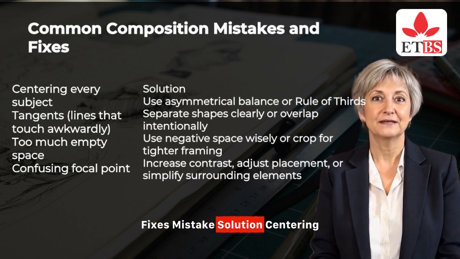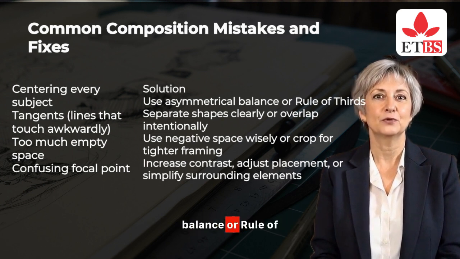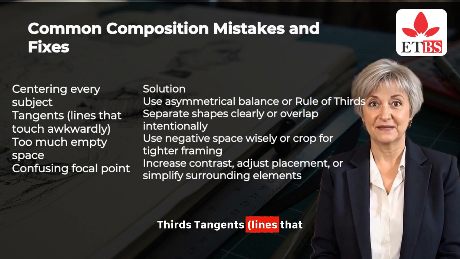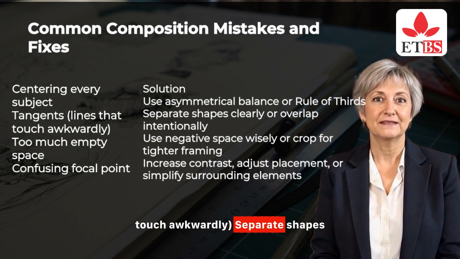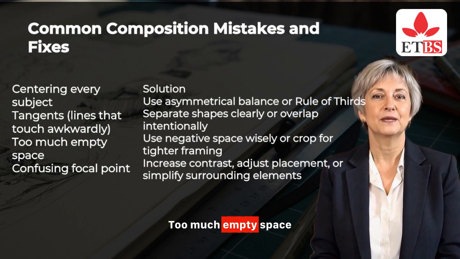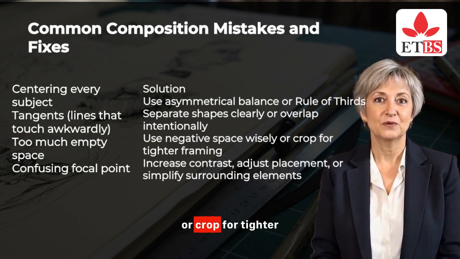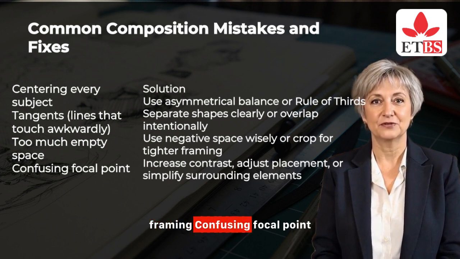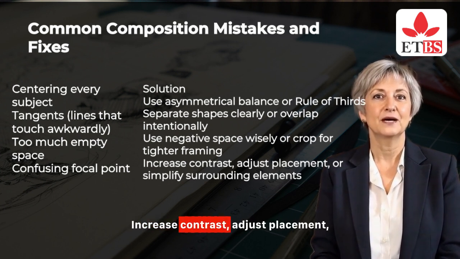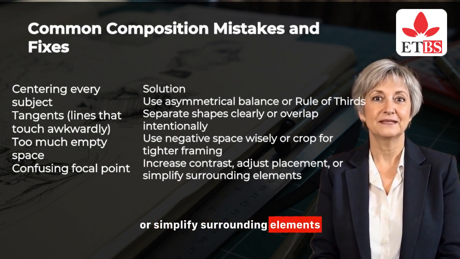Mistake: centering every subject. Solution: use asymmetrical balance or rule of thirds. Mistake: tangents, lines that touch awkwardly. Solution: separate shapes clearly or overlap intentionally. Mistake: too much empty space. Solution: use negative space wisely or crop for tighter framing. Mistake: confusing focal point. Solution: increase contrast, adjust placement, or simplify surrounding elements.